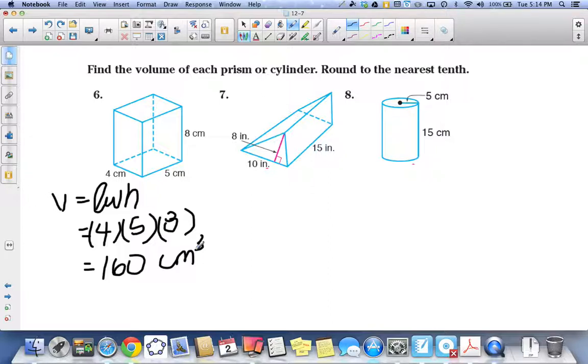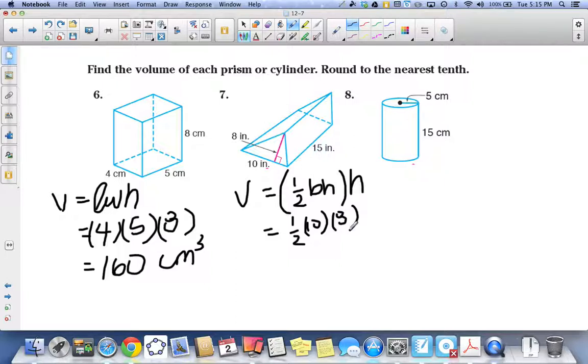For number 7, again, the formula for volume is big B times height. But since this is a triangular prism, the volume is 1/2 base times height of the triangle multiplied by the height of the prism. So this is now 1/2 times the base of 10 inches multiplied by the height of 8 inches, multiplied by the height of the prism, which is 15 inches.